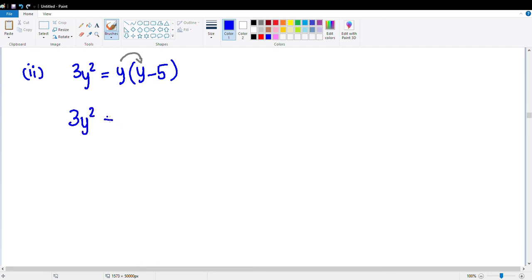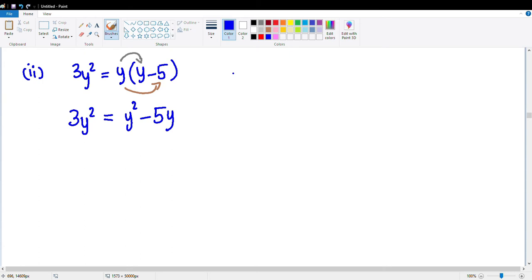So we have 3y squared, and y into y will be y squared, and then y into minus 5 will be minus 5y. Now you can see that there's y squared on both sides, and they're both positive.